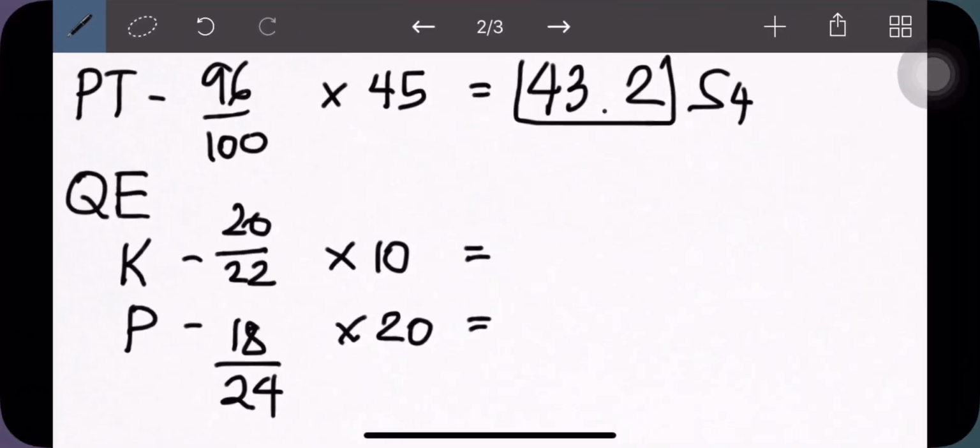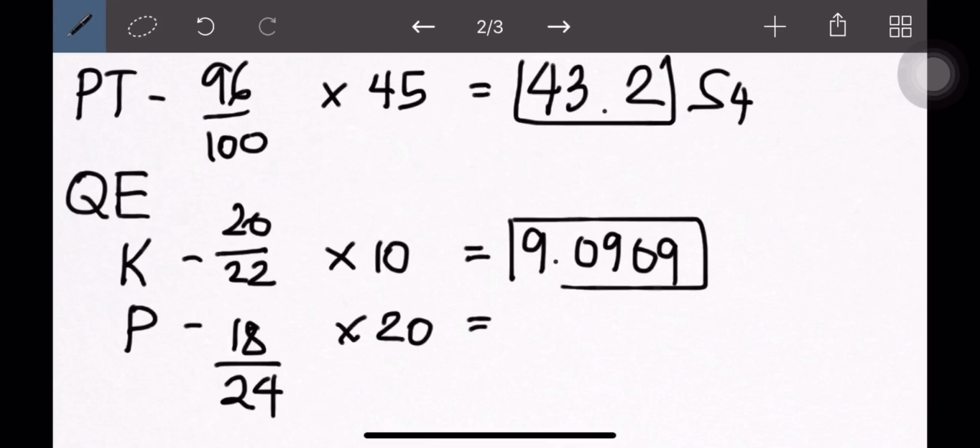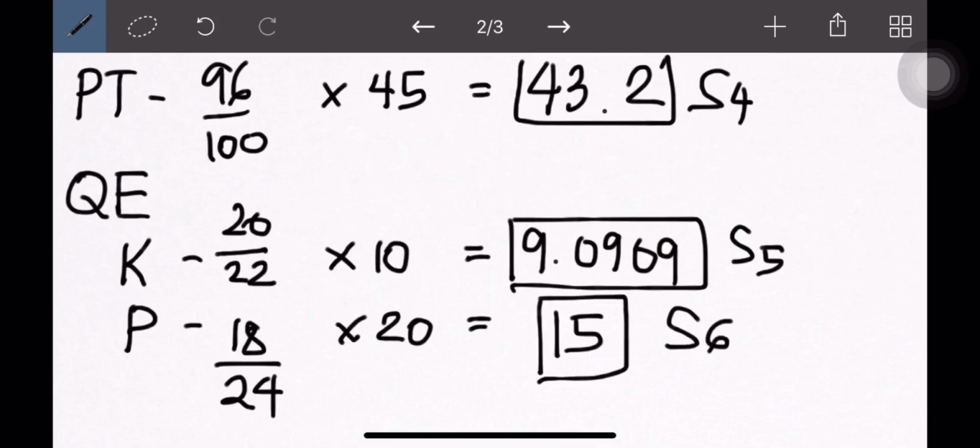And then the percentage of knowledge in the quarter exam is 10%, and then the process is 20. So 20 over 22 times 10, you have 9.0909. So this is our fifth score. For the process, 18 over 24 times 20, so you have 15. This is our score 6.